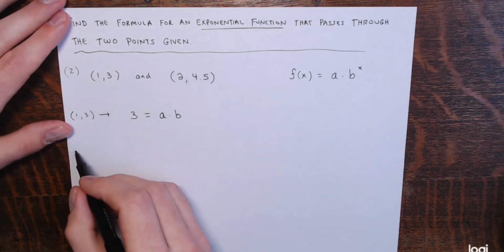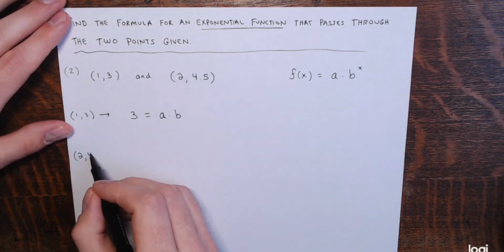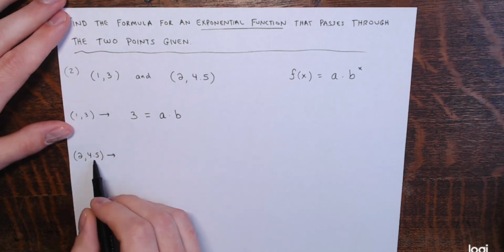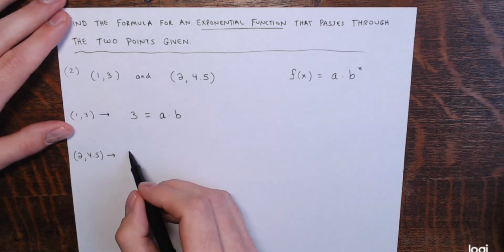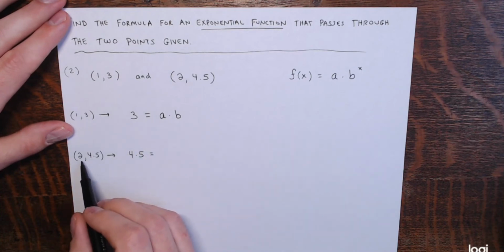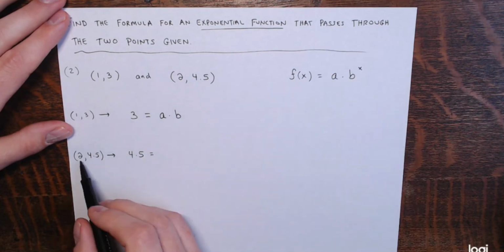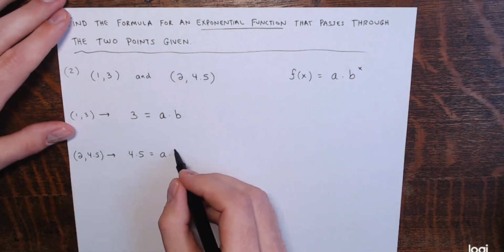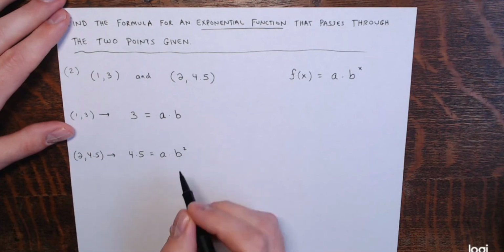And then this point here, the point 2 comma 4.5 is on the graph. So 4.5 is the value of f. I'll put that on the left again. We're replacing f of x. F of 2 is 4.5. And then the value of x is 2. Right, so a times b squared, replacing x with 2.